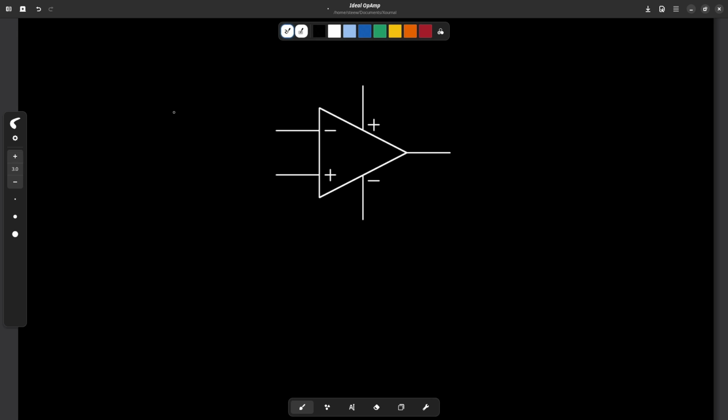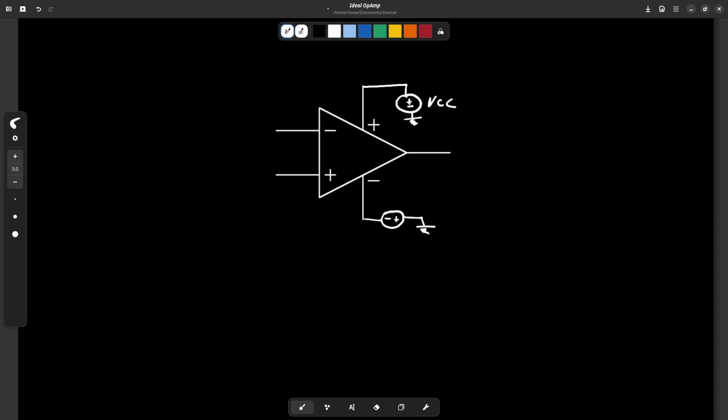Okay, so basically in an operational amplifier we have these 5 terminals. This terminal here is connected to the positive voltage source in order to bias the operational amplifier. And this terminal is the negative voltage source terminal, which is connected to a negative voltage source.